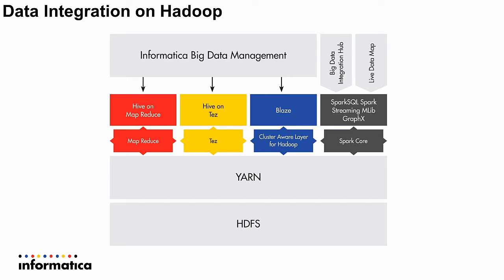There are transformations that Hive on MapReduce wouldn't support, Hive on Tez couldn't support, or even Spark can't support, because these transformations are natively built for Informatica PowerCenter, and now for Informatica Blaze. We'll talk in detail about that.